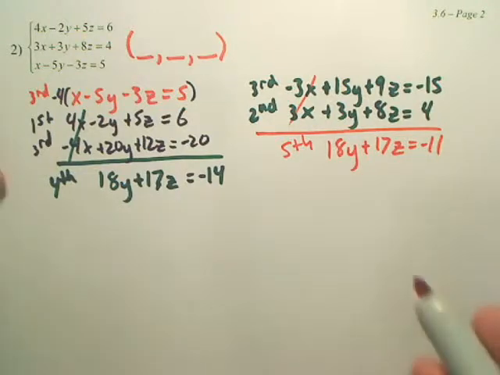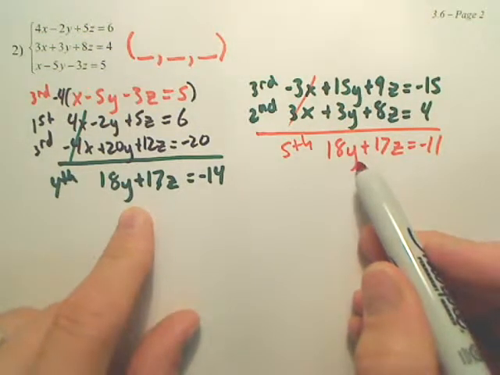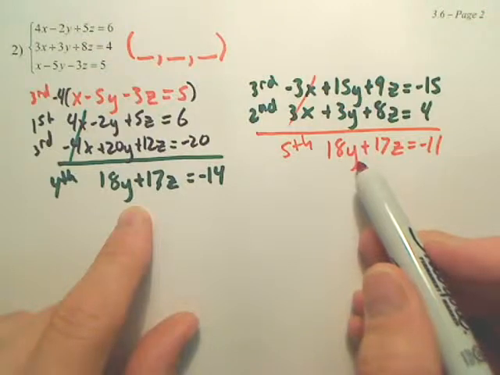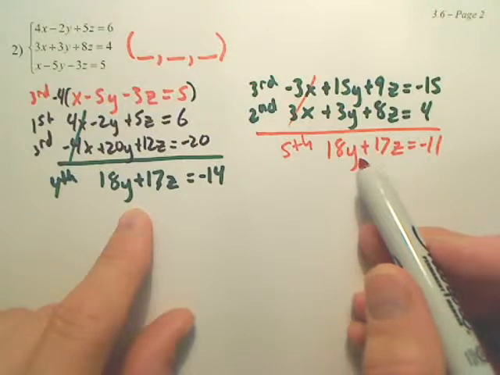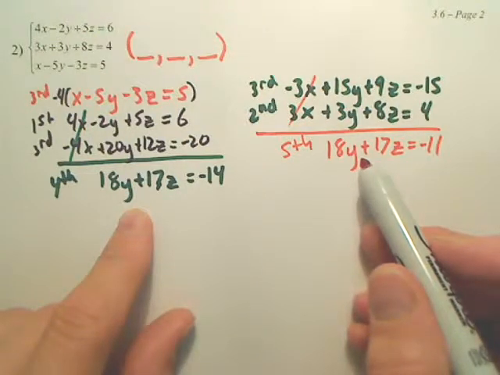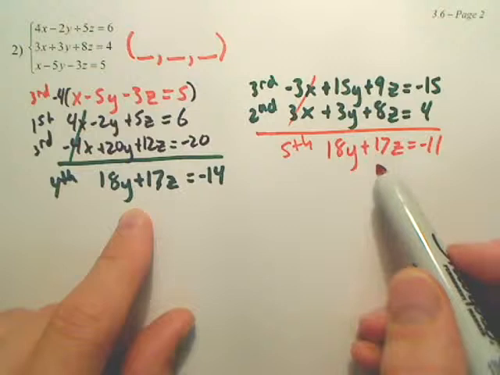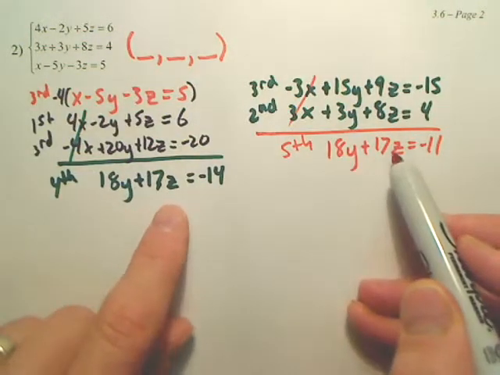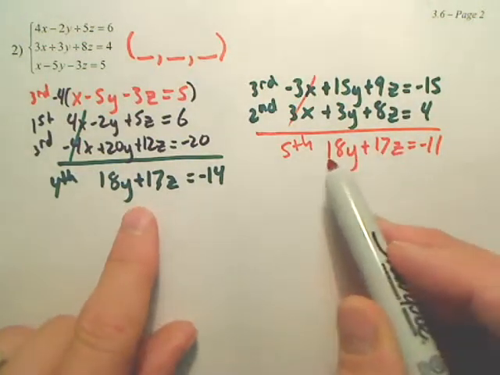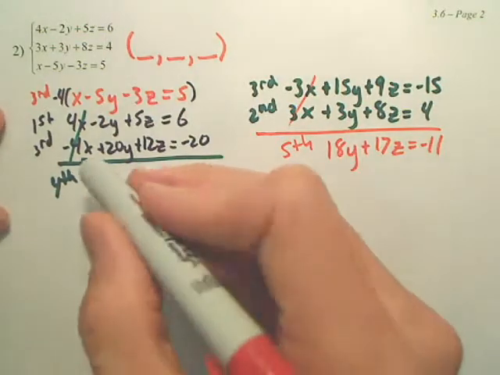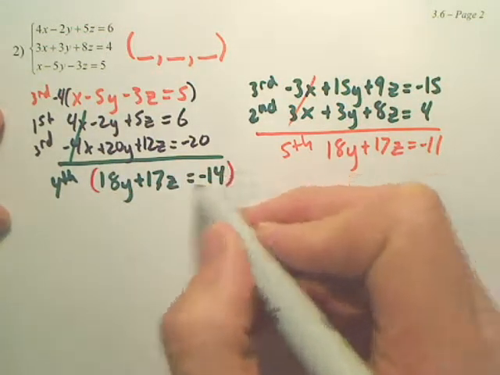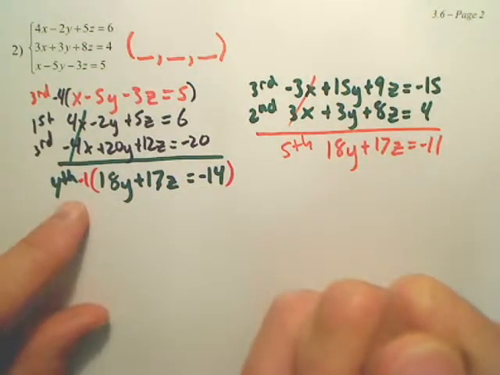Now, what we're going to do here is we now want to find y or z using elimination with these two equations. It doesn't matter which one we try to get rid of. We get rid of whatever's easiest. Now, do you notice the 18 and 17 match up? So we probably want to multiply one of these by negative 1. So I'm just going to multiply this one by negative 1.